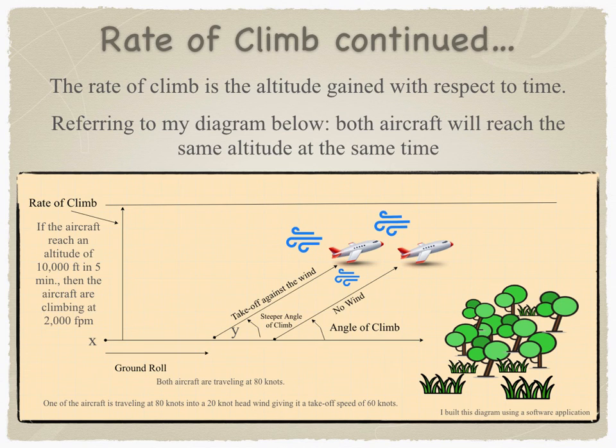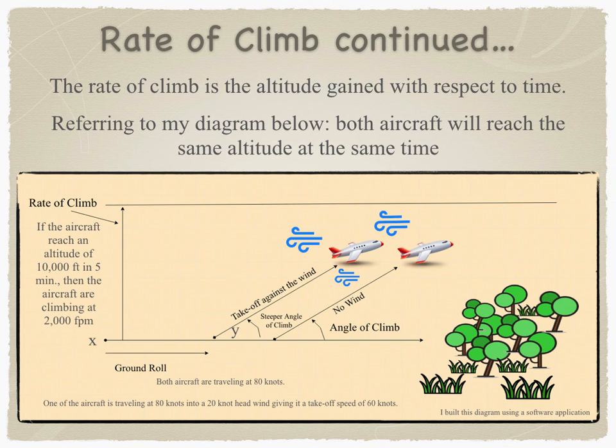One of the aircraft is traveling at 80 knots into a 20-knot headwind, giving it a takeoff speed of 60 knots, right? So why is it 60 knots? Because both airplanes are traveling at 80 knots. One has no wind resistance, so it takes off at an airspeed of 80 knots.